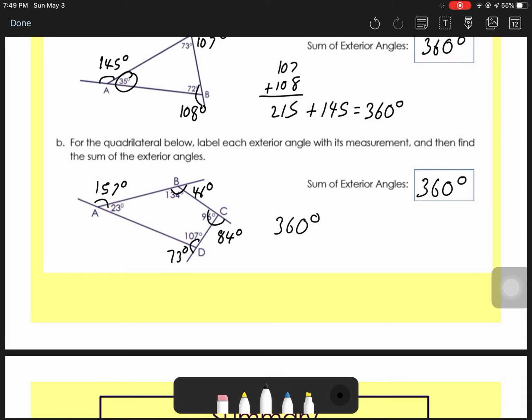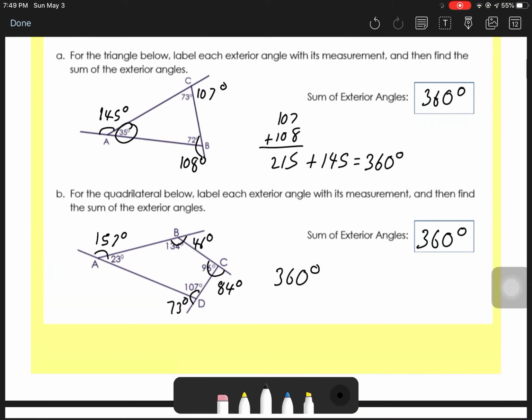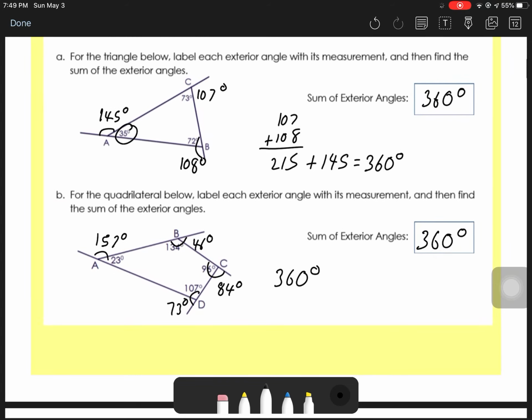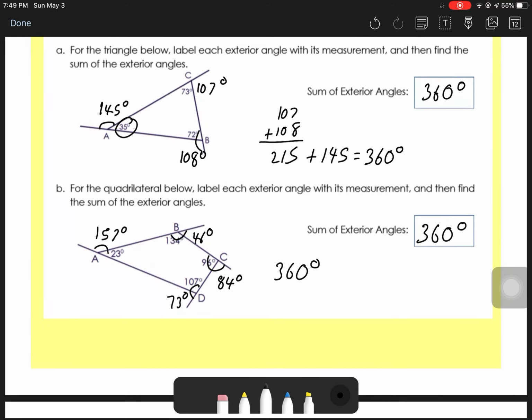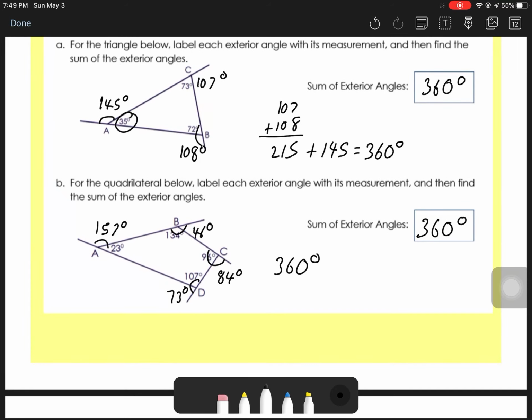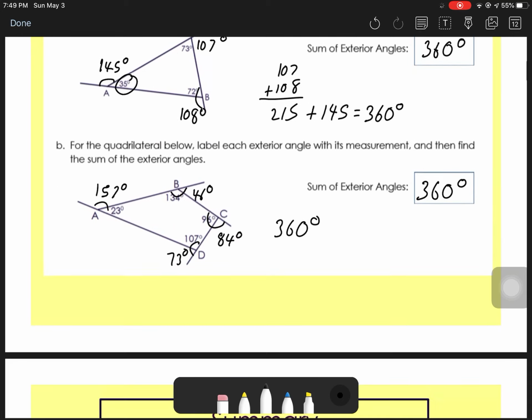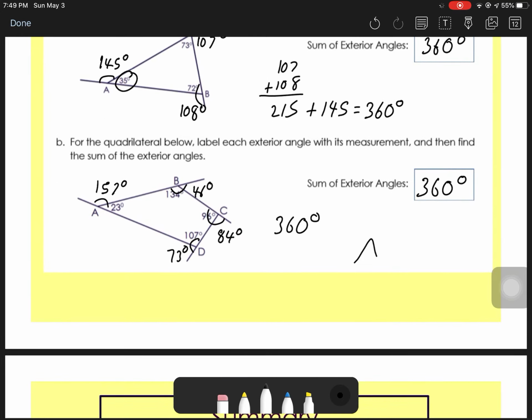So this is kind of an interesting concept. It's one that I like to dig into deeper, but since I can't be face-to-face with you, it's a little harder to explain. But if you think about it, if we were to start with a triangle, and then we add a side, we get a square. And then we keep adding sides. Now we would have a 5-sided figure.